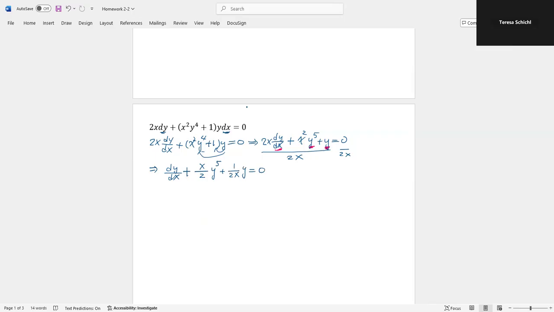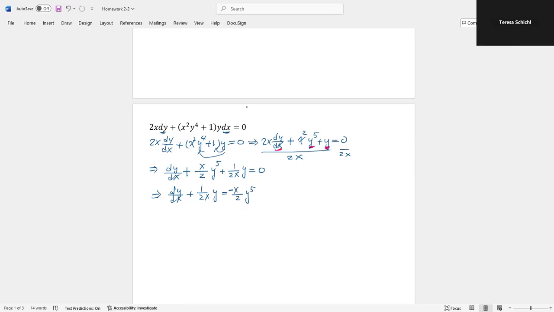Then I rearrange it to match the Bernoulli equation. So I will have dy/dx plus 1 over 2x y equal to negative x over 2 y to the fifth.